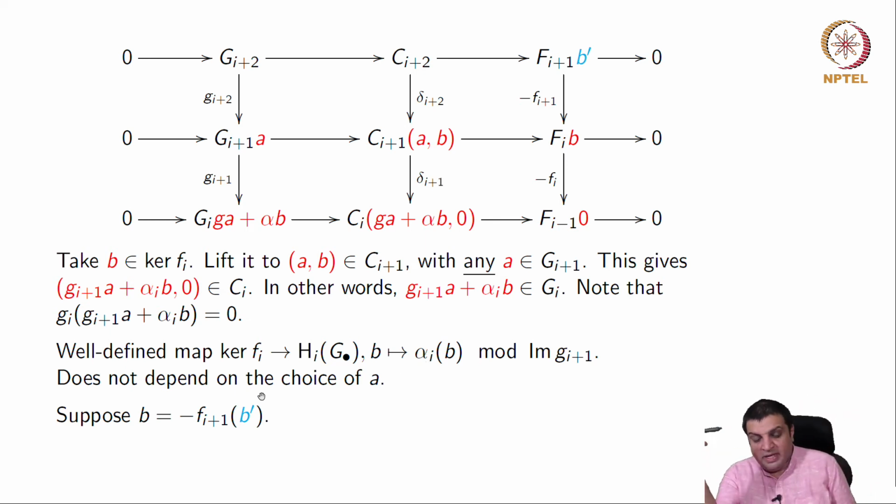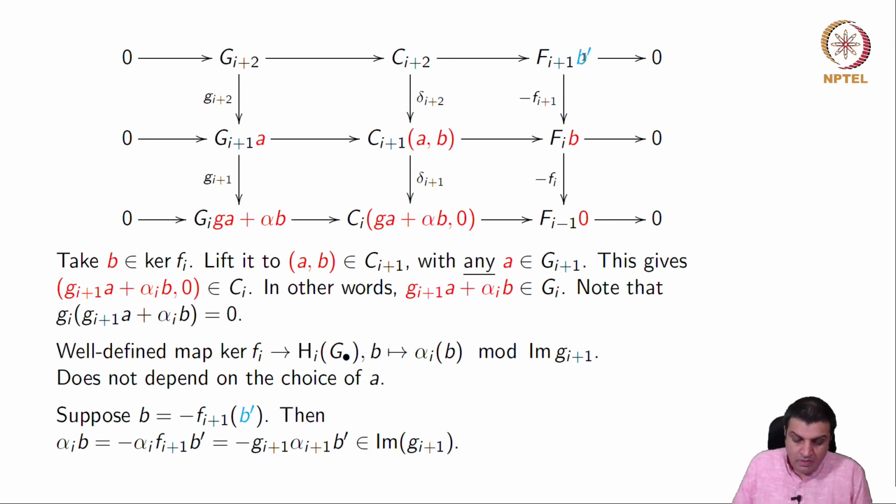Now, what we had wanted was from homology of F to homology of G. So, in order to do this, we need to understand what happens to the image of the previous map. Okay, so now suppose that B is actually the image of the previous map. So, B is minus Fi plus 1 of B prime. Okay. Then one can just immediately check this.